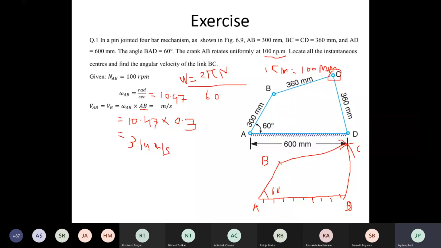Okay. Now what is the next step? Once you do this mechanism, here is the AD, which is the fixed link. Now AD is fixed link. Next, you have to draw AB at an angle 60 degree. Okay.